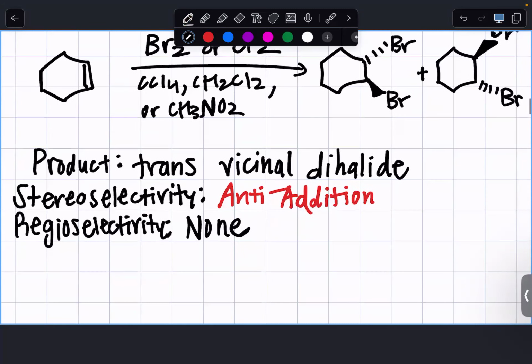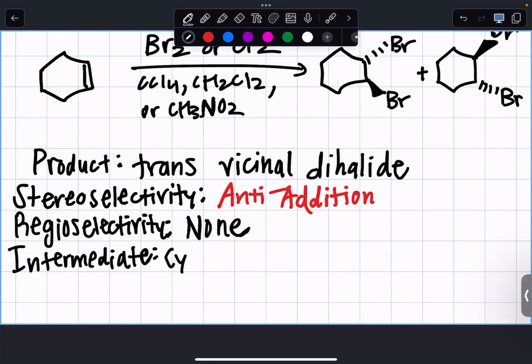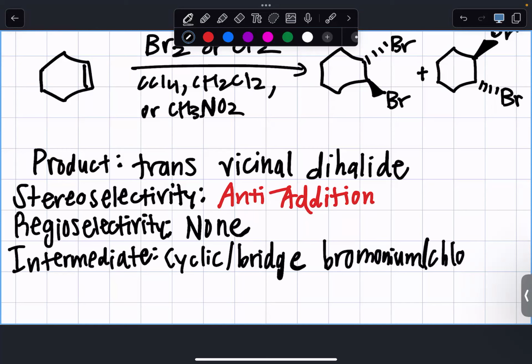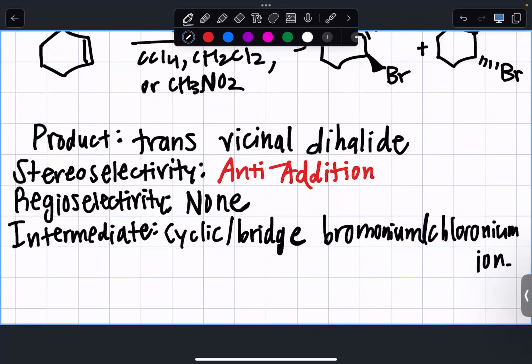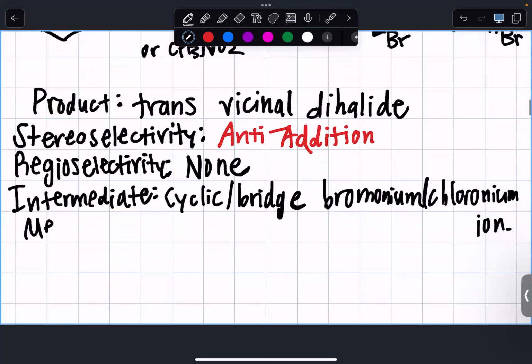Okay. And the intermediate of this mechanism is a cyclic, bridged bromonium or chloronium ion. The mechanism is called electrophilic addition.